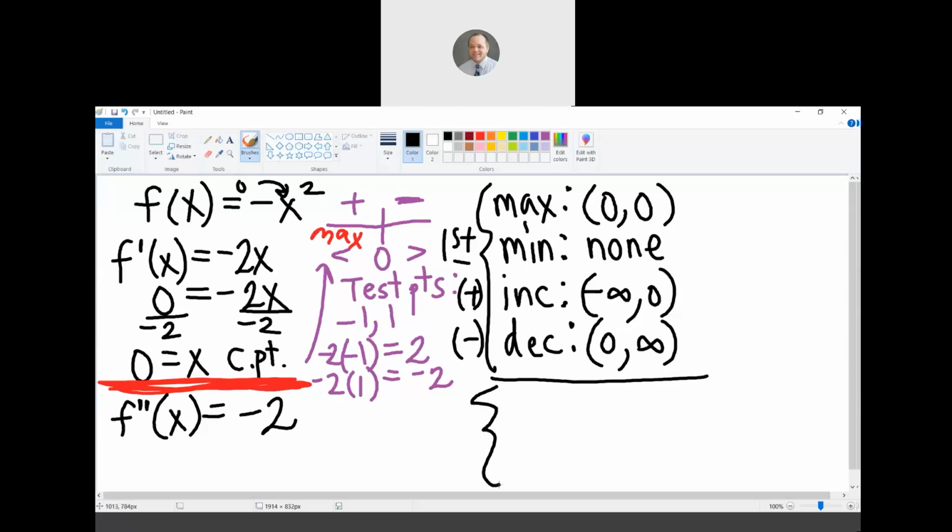Anytime you get a constant for a derivative, then if it's the first derivative, this means your graph is always decreasing if it's a negative value, or always increasing if your constant's positive. What this means with the second derivative test, because our second derivative is negative, that means our function is always concave down.